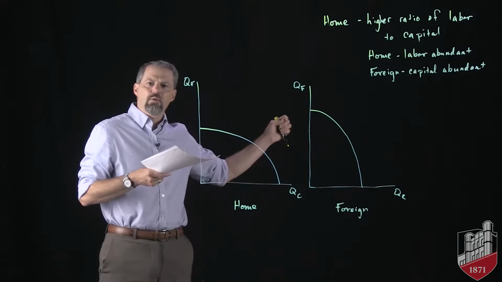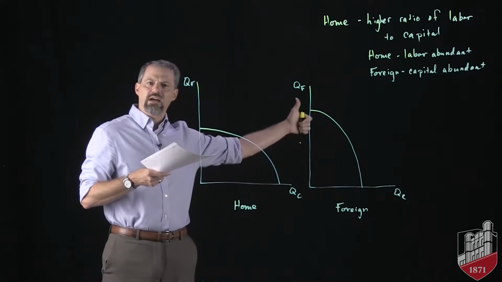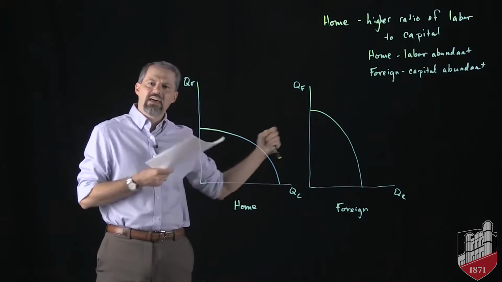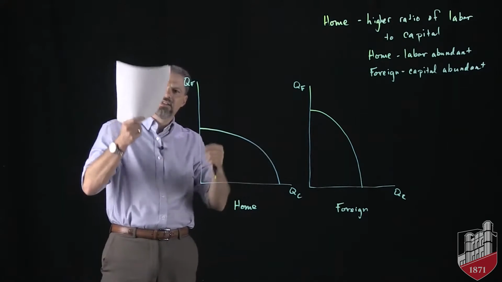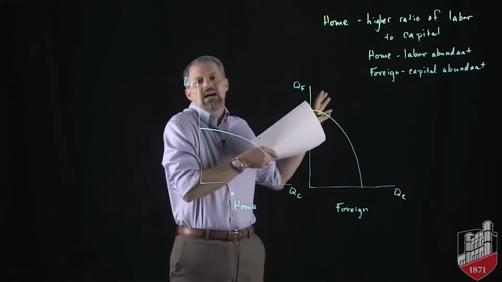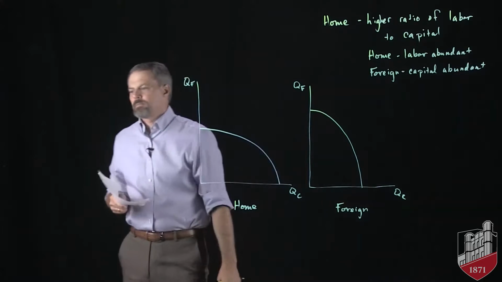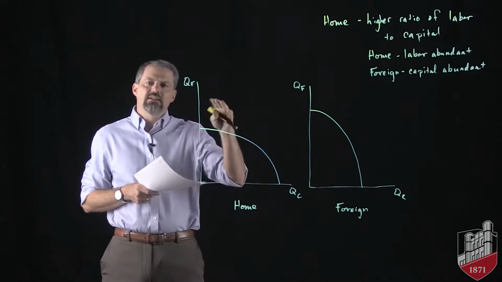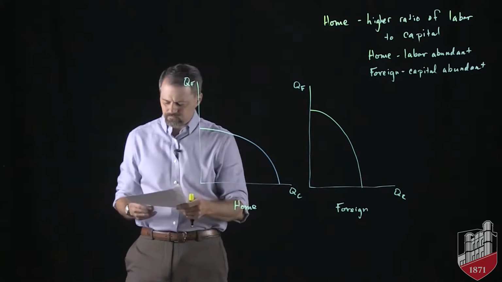So in Sedalia, where the price started low, it's going to be rising. In Warrensburg, where the price started high, it's going to be falling. And that arbitrage is going to continue until those prices come together, until there's no opportunity to buy low and sell high. That's a very simple way of understanding why trade is going to equalize the prices.